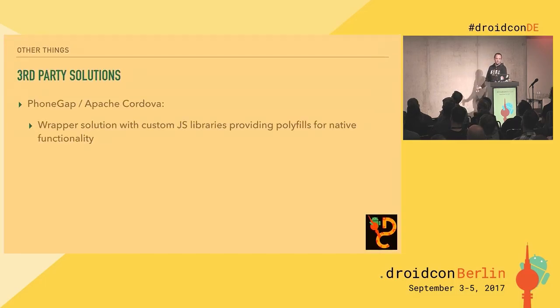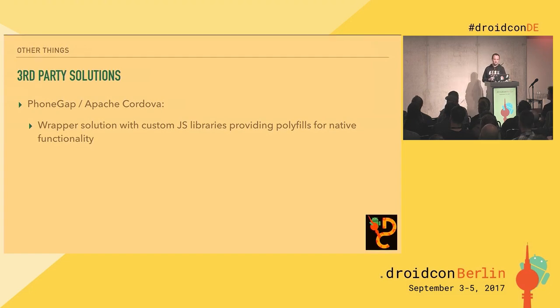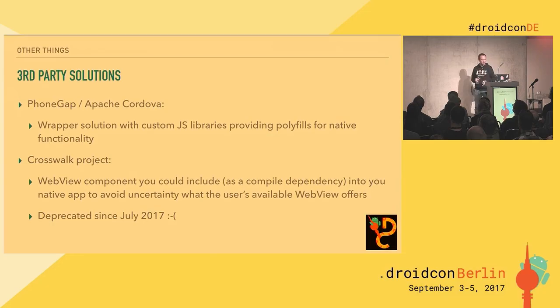Third-party solutions we mentioned, PhoneGap and Apache Cordova, they're usually used to wrap websites into native apps. I wouldn't recommend doing that. Like I said before, it's usually not a great user experience. There's another thing that is unfortunately deprecated and dead now. That's called the Crosswalk project.